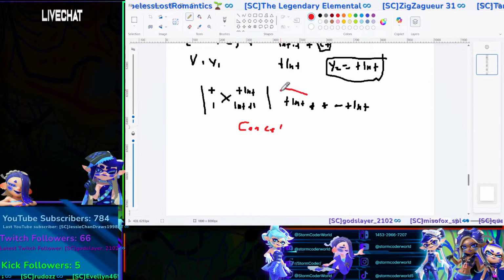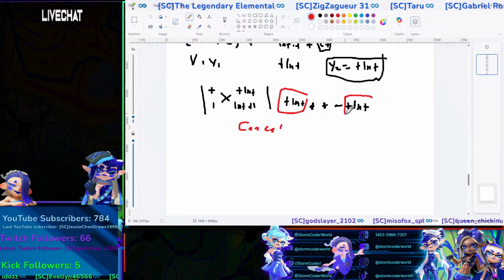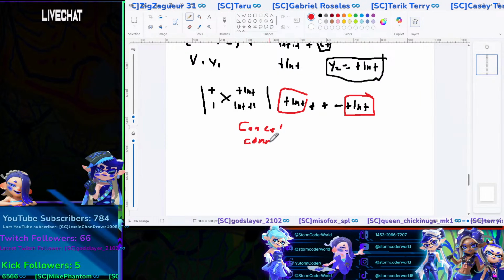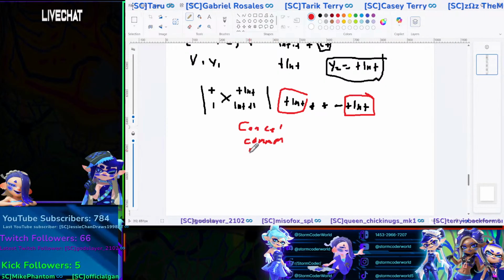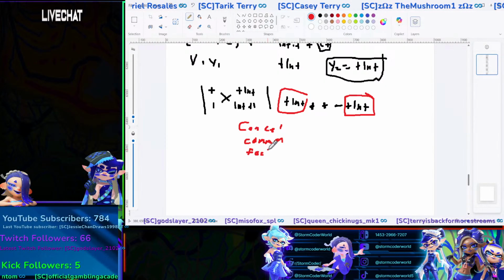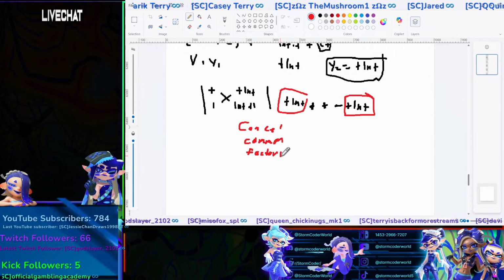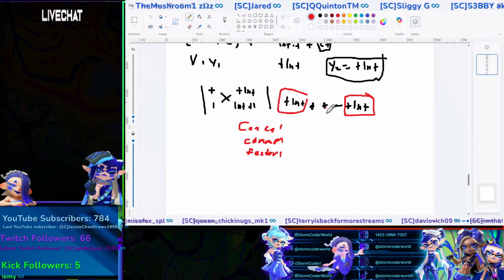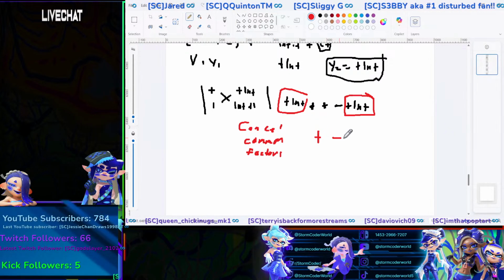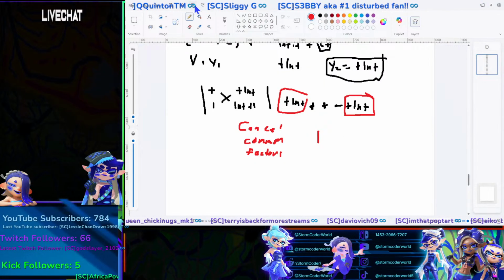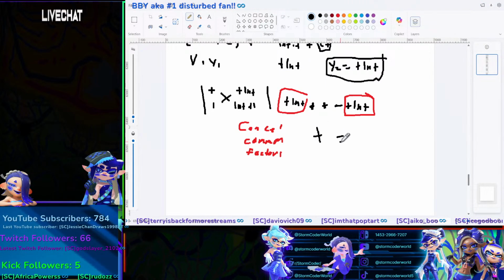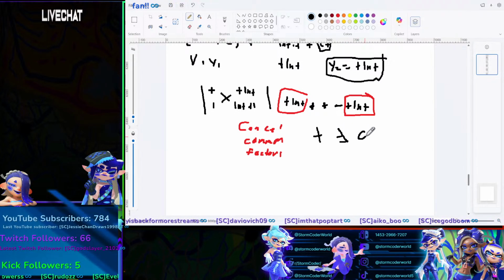Cancel common factors. And then from this point onward, you would just have t, which is not equal to 0.